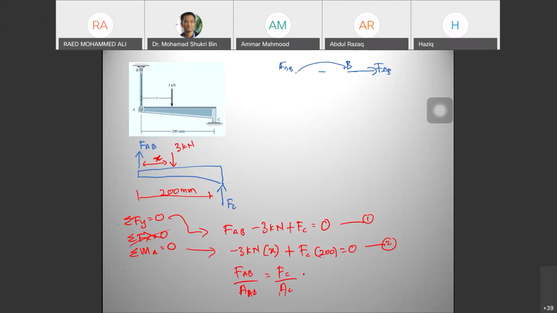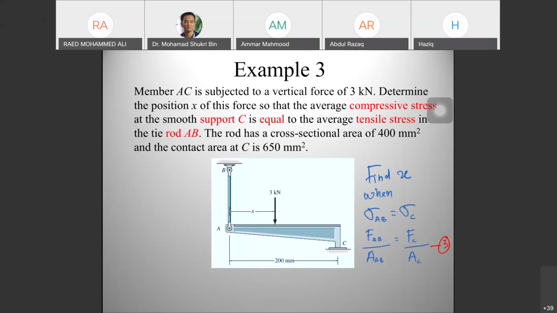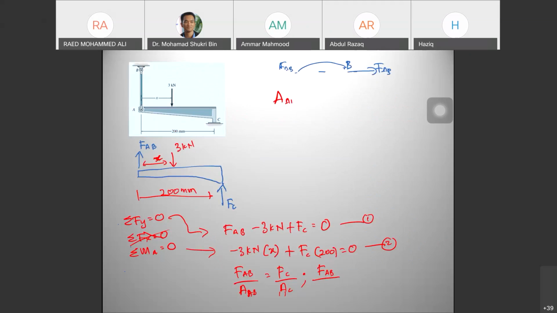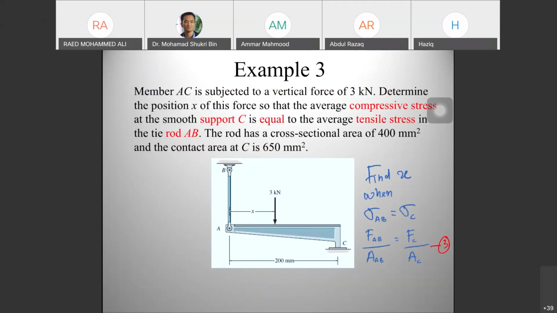Alright? Or you can say like this lah, FAB over area AB. Area AB is pi r squared, which is pi. Radius for AB is, oh, it is given, right? The cross-sectional area of the rod is 400 and the contact area at C is 650.